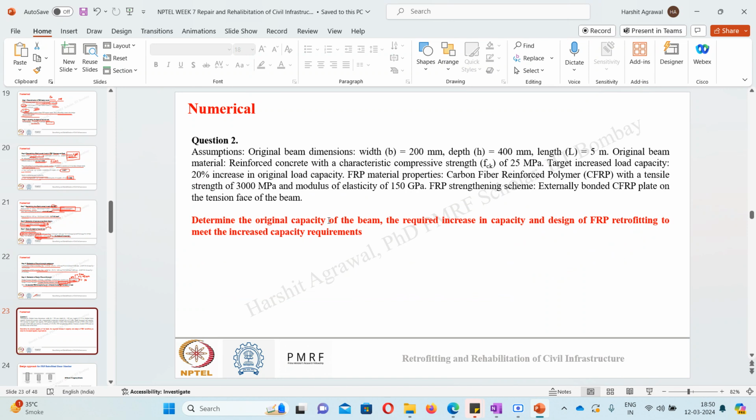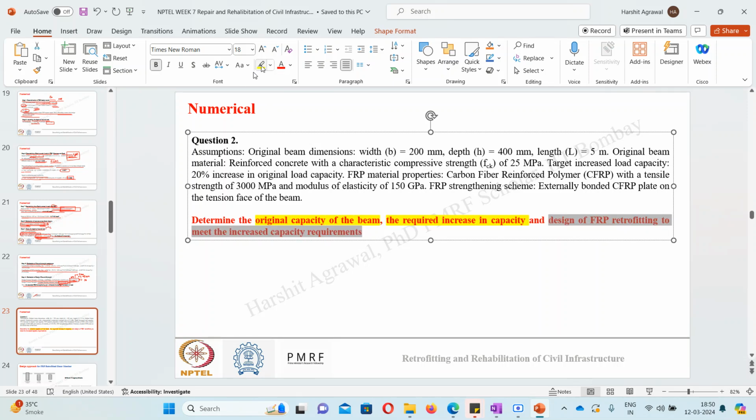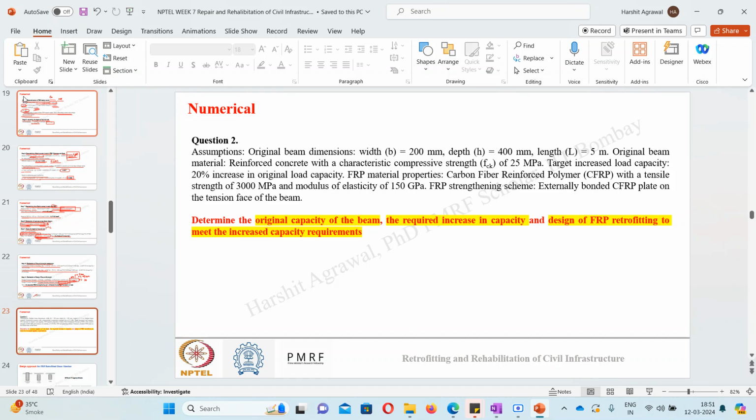You need to determine the original capacity of the beam, the required increase in capacity, and the design of FRP retrofitting to meet the increased requirement. Just try and follow all the steps that we have discussed in the previous question. If you are not able to get the answer, I will solve the question in the next live session if required.